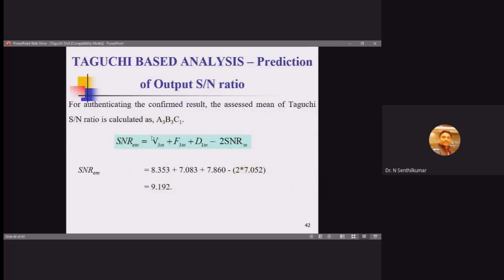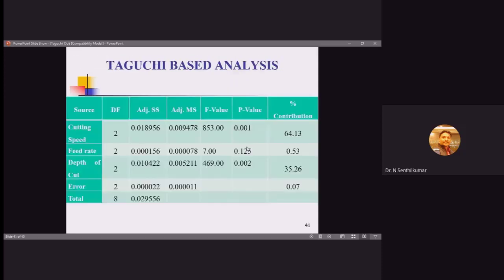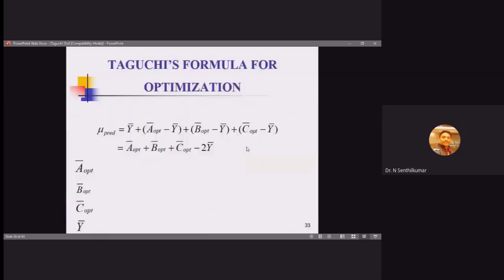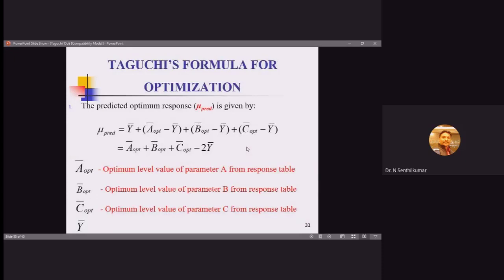V3M, that is cutting speed. What is the optimum condition? 3. Feed rate, what is the optimum condition? Third level. Depth of cut, the optimum condition is 1, minus 2 into the signal to noise ratio of means. So this is the same as the formula that you have seen here. Am I right? This formula, no?